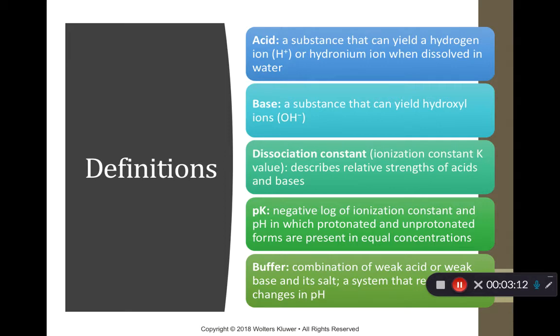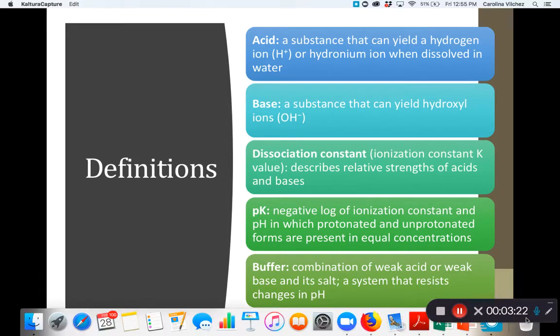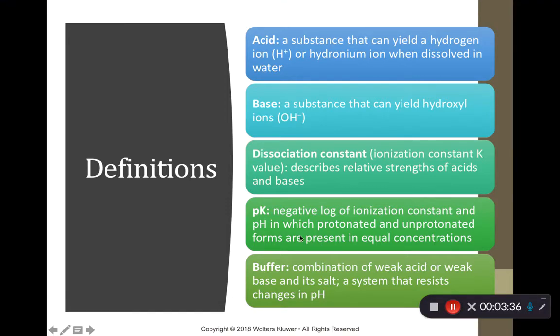And a buffer system, or a buffer, is a combination of a weak acid or weak base with its salt. A buffer system is basically a system that resists changes in pH.